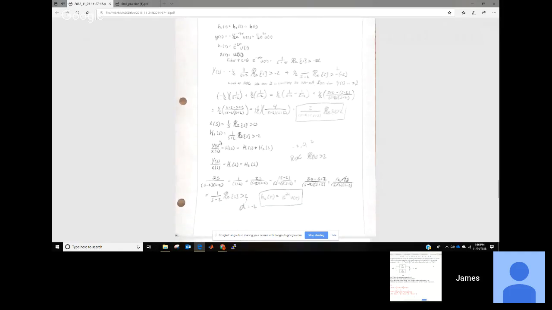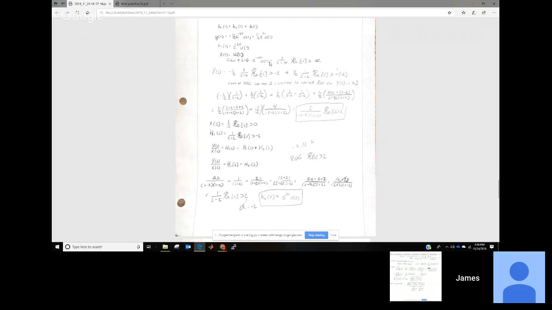So the first thing I did was take the Laplace transform of y of t. For y of t, it's -1/2 e to the -2t plus 1/2 e to the 2t.